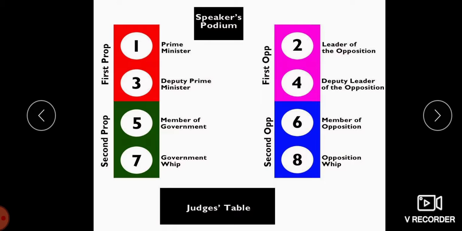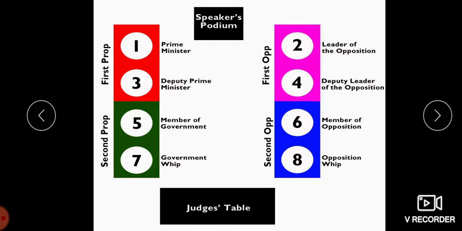Then we are having the control over the executive. The Council of Ministers is collectively responsible to the Lok Sabha. The ministers remain in office as long as they enjoy the confidence of a majority of members in the Lok Sabha. Parliament exercises control over the executive in the following manner. That is the interpellation, vote of no confidence.